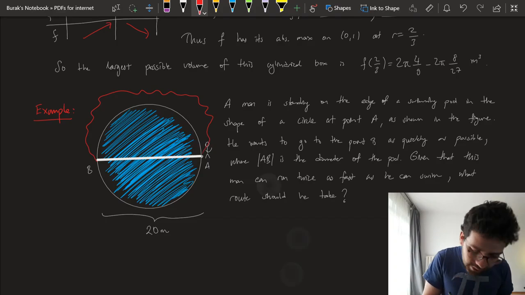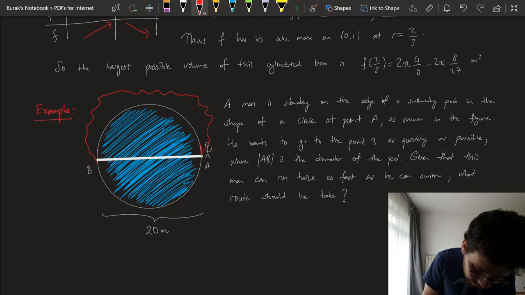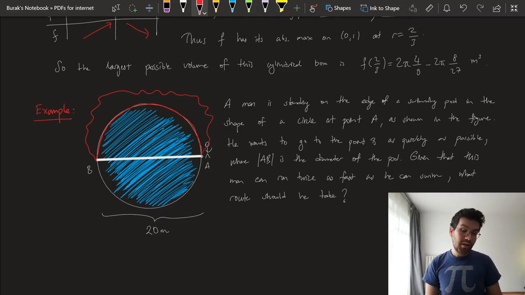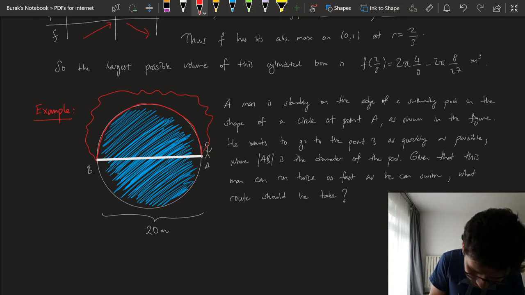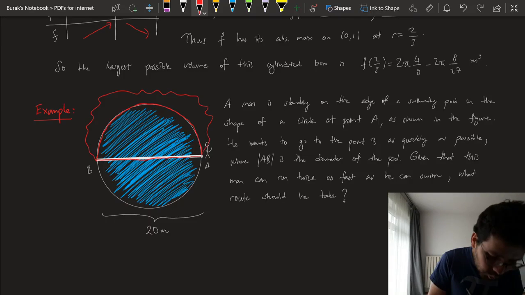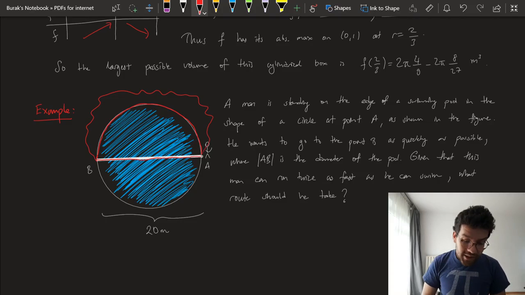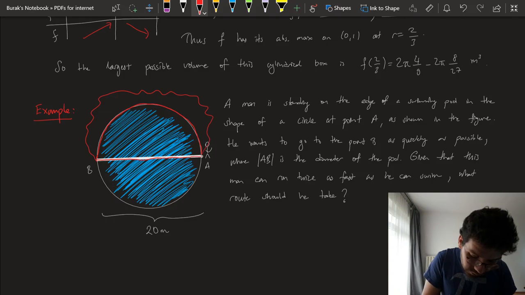So instead of doing that, what he can do is he can just run on the edge. So he can do that. Or he can directly jump into the pool and swim towards me. Or what he can do is he can just run some of this.